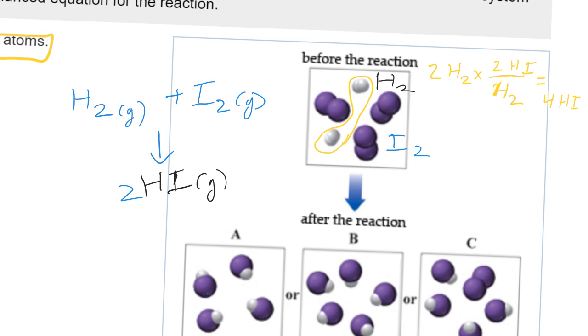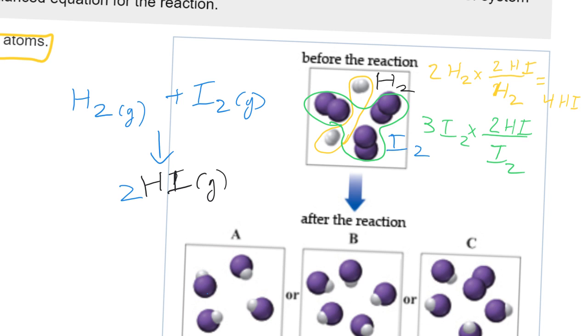So if I have 2 hydrogens, I have enough to produce 4 hydrogen iodide molecules. In my drawing, I've got 3 iodines. Well, according to my chemical equation, for every 1 iodine I have, I can produce 2 hydrogen iodides.